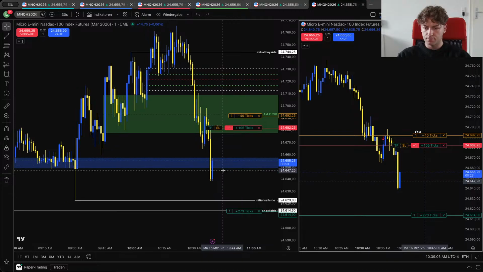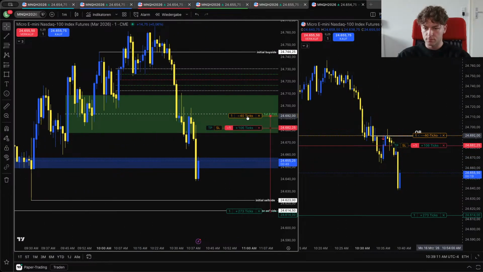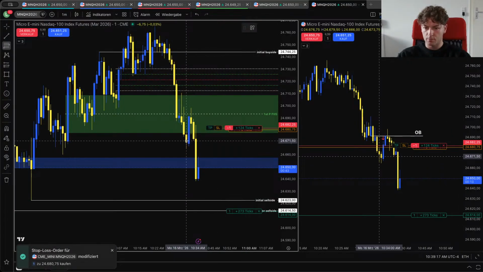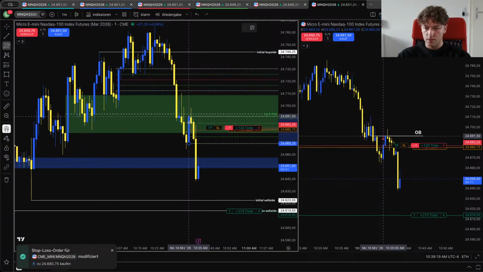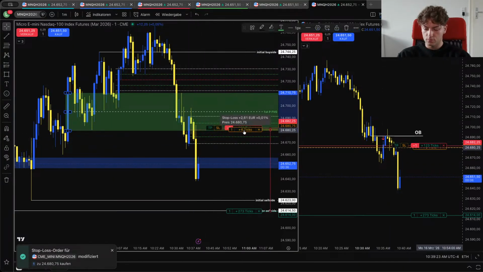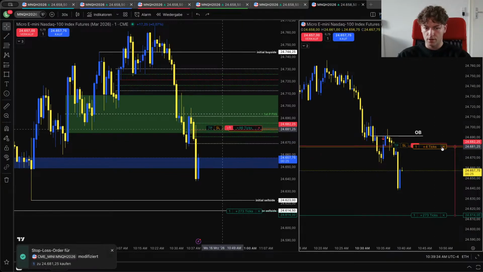This fair value gap. Watch it. Okay, I'm trimming my stop loss below break even. I don't want to see price come back up. Or maybe, okay, we take this order block right here. Stop loss at, oh, nope. Stop loss at one tick above the midpoint. Yeah, okay, that's below break even.